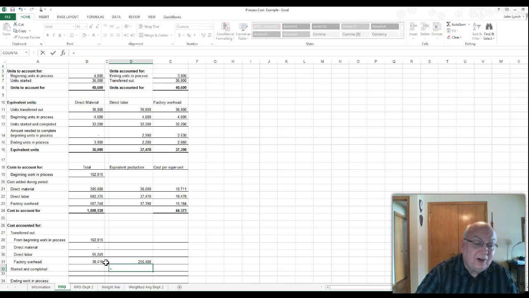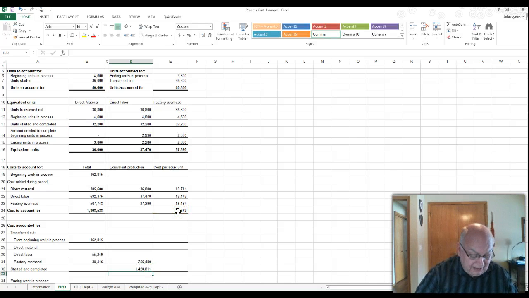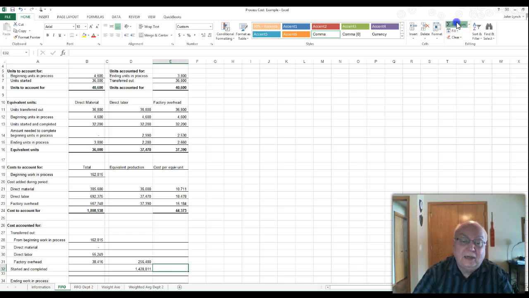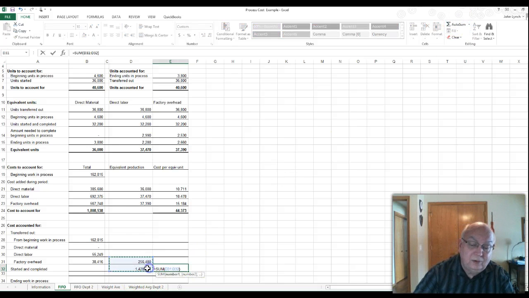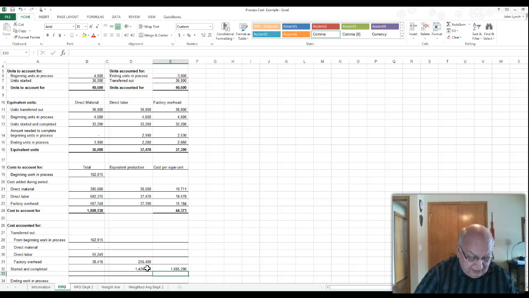Now for the units started and completed, we take any one of those 3 numbers up there times the 32,200. My total of 43,773 gives me that number, which I then will take those 2 and add together to get 1685.91.